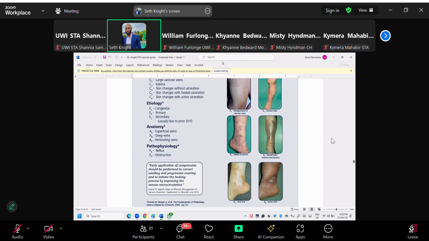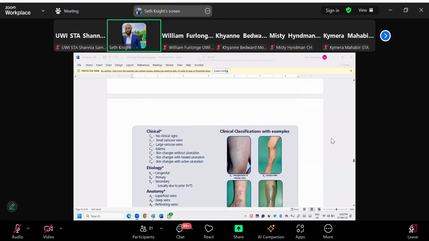And well, I mean, it's in the image. I was going to ask you all, okay, I'm still going to ask you all, where is a venous ulcer most commonly located, guys? The gaiter region, right? So the gaiter region, which is the region of the medial malleolus, it's fantastic.